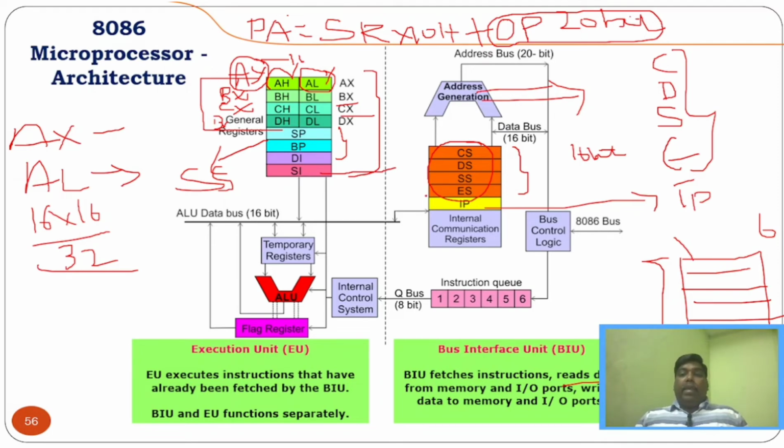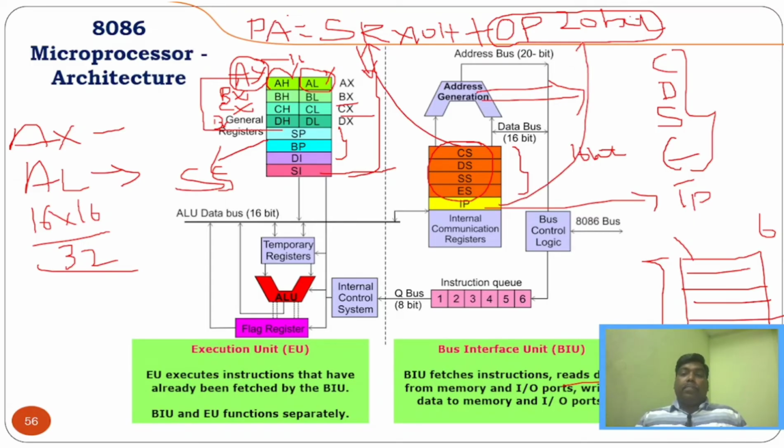I already explained the offset pointer. Whenever the 8086 calculates the physical address using a segment register, if it uses CS, then IP will act as the offset pointer.